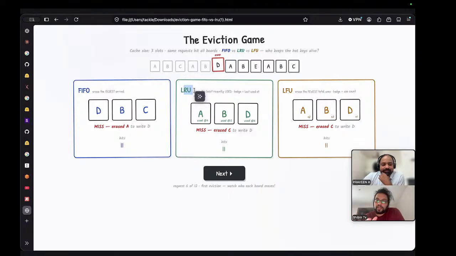In that case, C is the one, because after C, A and B were used one more time. So it evicted C. Here we evicted A, here we evicted C. And in the frequency-wise one, again it's C, because A and B have been requested twice. Now let's go to A comes.